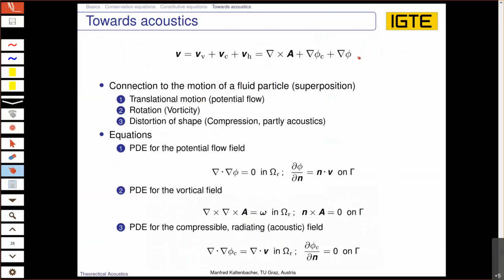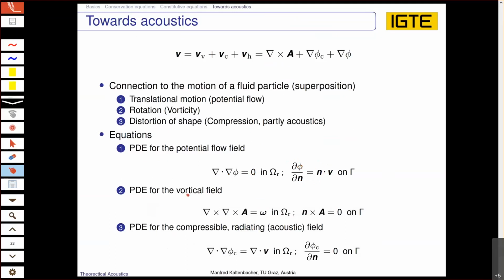This additional phi here, which is our typical potential flow field, really solves the Laplace equation. So you have no sources, the right hand side is 0, but you have a boundary condition coming from the velocity. The normal component of the velocity has this relation to the normal derivative of the potential flow on a boundary, so you have moving boundaries, for example.